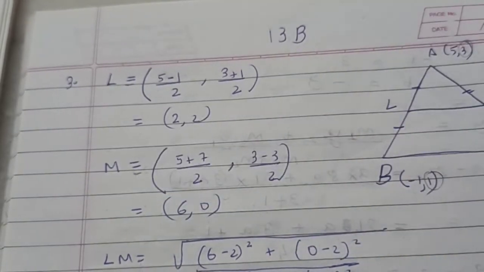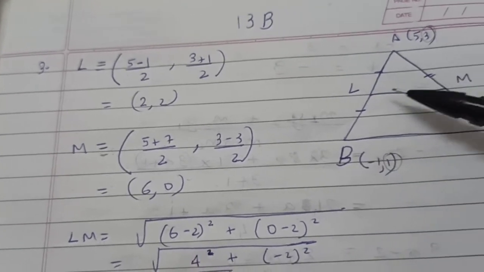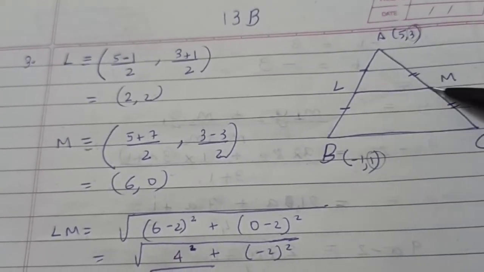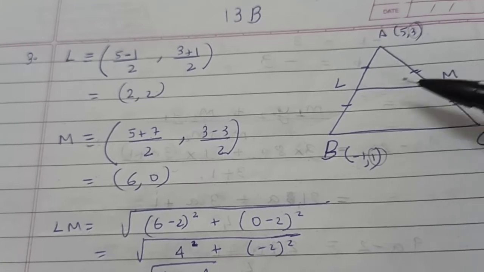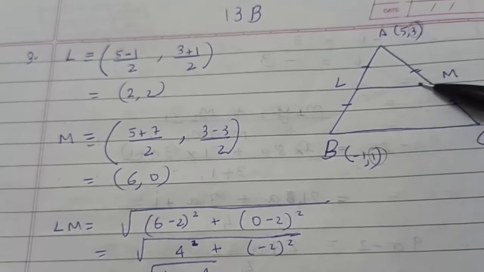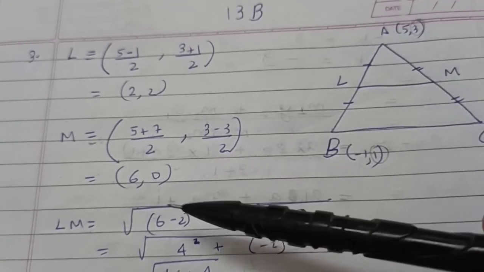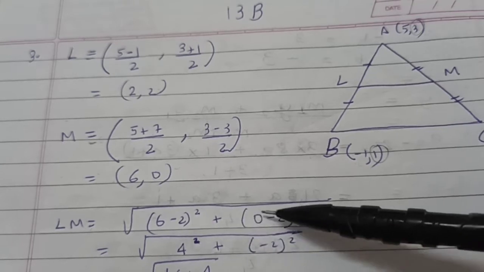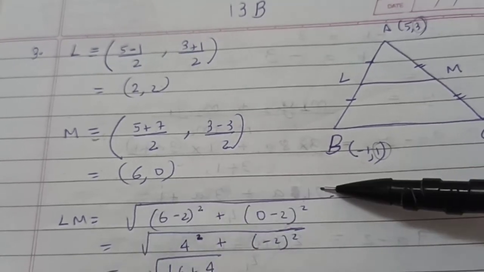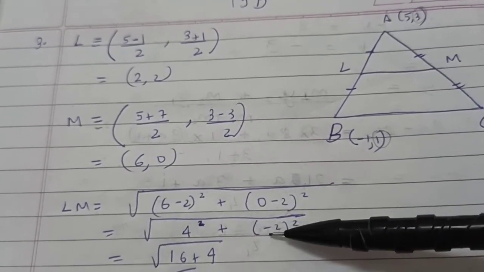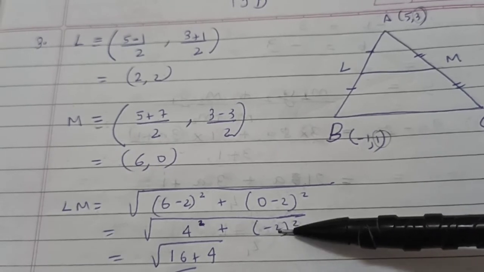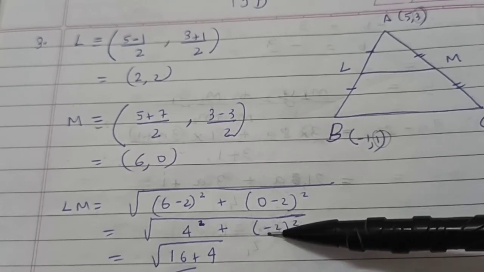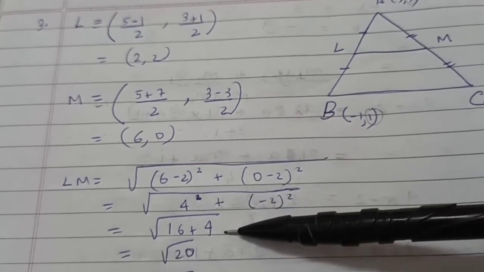It's not important. Now we will use a distance formula to find the length of LM. We know the distance formula is always x2 minus x1 the whole squared plus y2 minus y1 the whole squared and square root of that. Be careful about the signs. Here minus 2 square will still be positive because square makes this negative positive, and that's 4. 16 plus 4, 20.